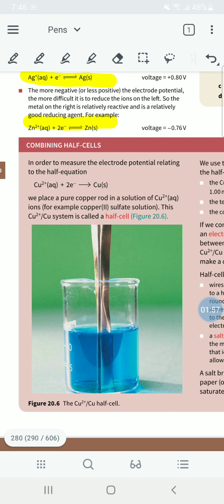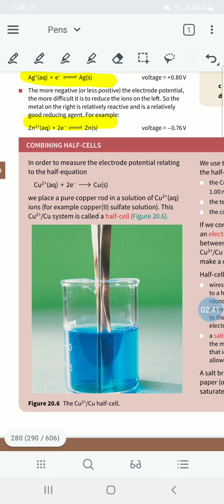So here what we need to understand is that some sort of equilibrium is generated, and equilibrium would exist between the copper ions and the copper metal. So from this copper rod, copper ions would go into the solution, and from the solution copper ions would come to the metal, and they will coexist in some kind of equilibrium. So that is what basically you need to understand.